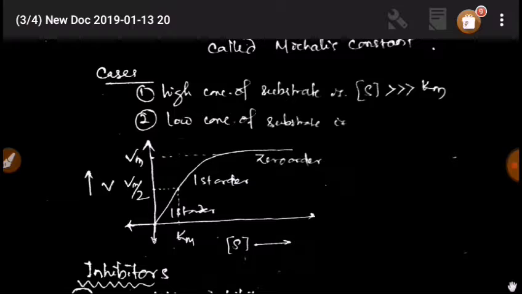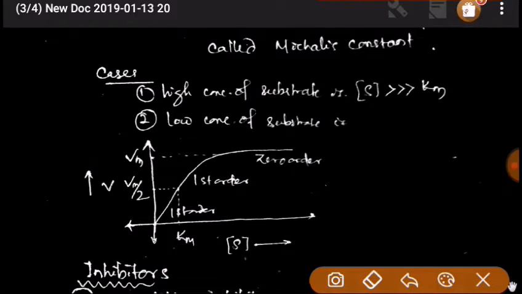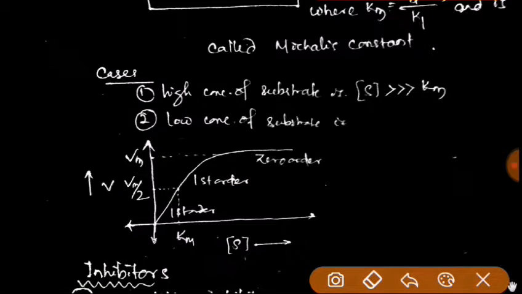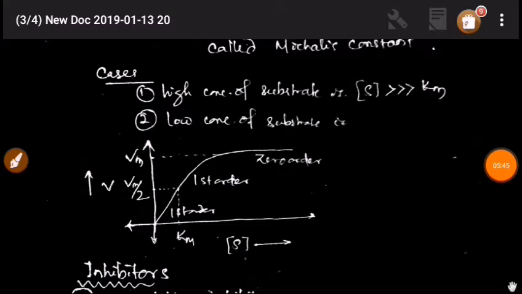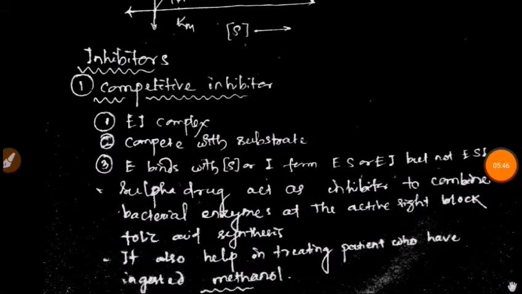Enzyme E binds with substrate or inhibitor to form the ES enzyme substrate complex or the enzyme inhibitor complex, but not ESI. So a competitive inhibitor reduces the rate of reaction by reducing the proportion of enzyme molecules bound to substrate.